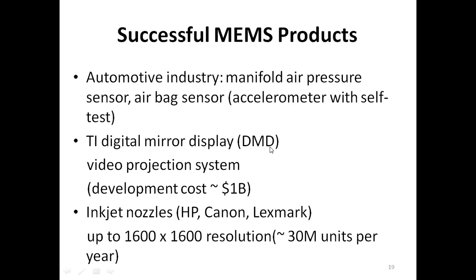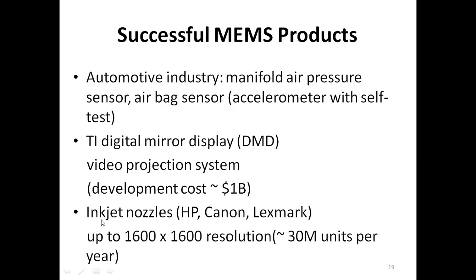As I told you, DMD digital micro mirrors are used in all multimedia projectors. It is used in the video projection system. However, the development cost of this DMD system was $1 billion. This was the production cost.